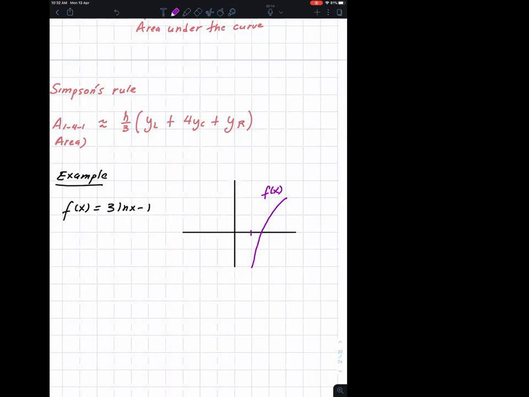The lower limit is 1, the upper limit is 2, and the curve is defined from 1 to 2 along the x-axis.